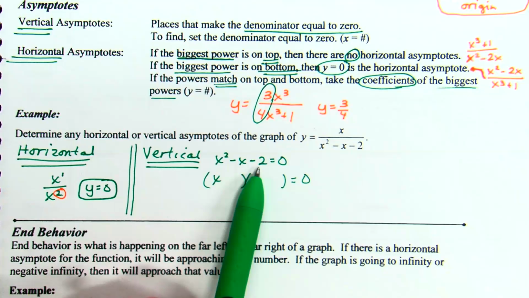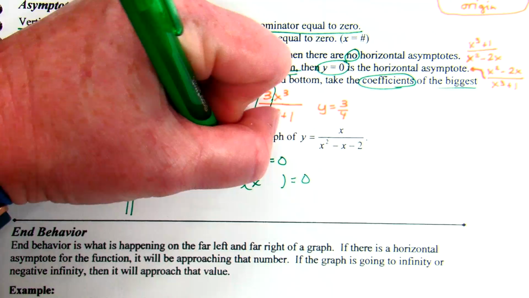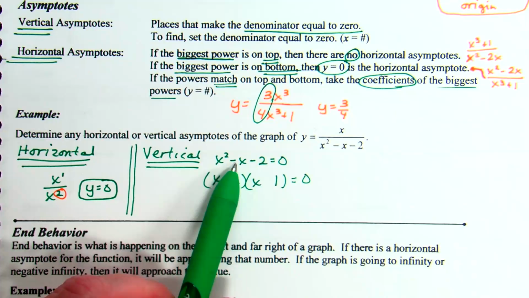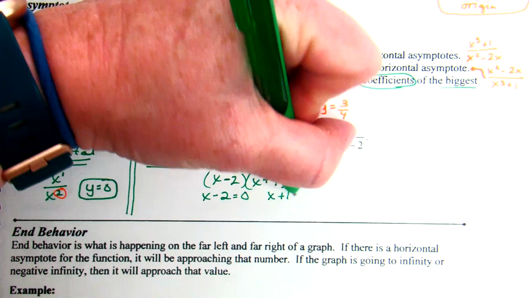If it multiplies to be -2, one of them's negative. If it adds to be -1, larger one's negative, smaller one's positive. Okay, so x minus 2, x plus 1 is what it factors into, and of course you set each part equal to 0, right? X minus 2 equals 0, x plus 1 equals 0, and so we know x equals 2 and x equals -1, correct?